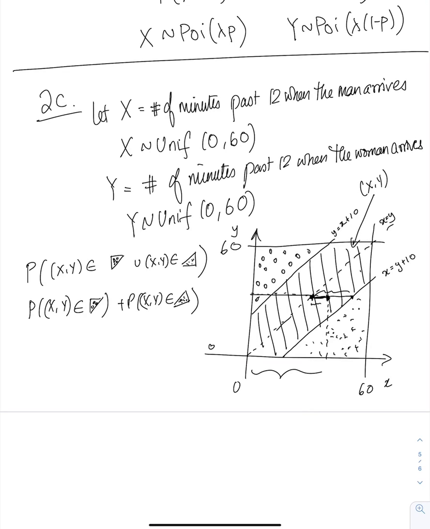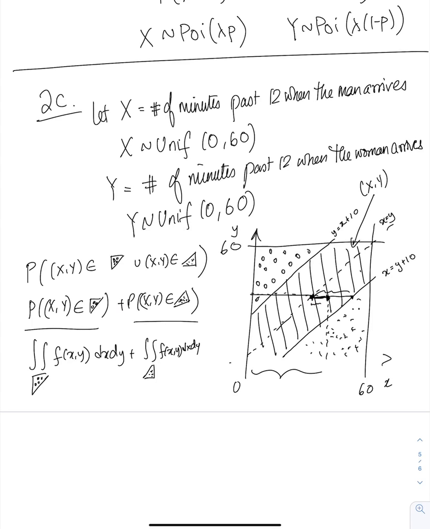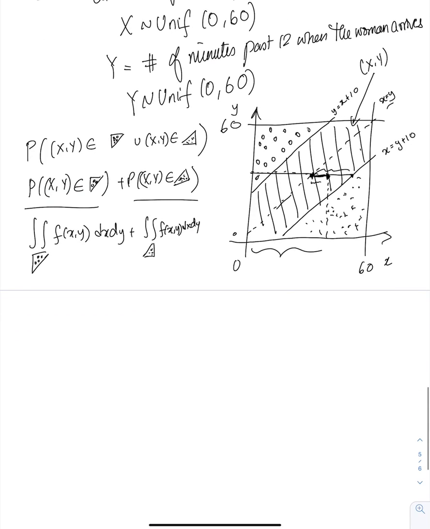Now, what's the probability that x comma y is in a certain region? We have to integrate over that region the joint density of x and y. And you have to integrate over this region the joint density of x and y. Well, what is the joint density of x and y? You know that the arrival time of the man is uniform 0 to 60.